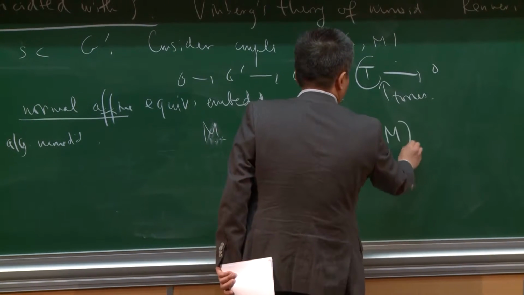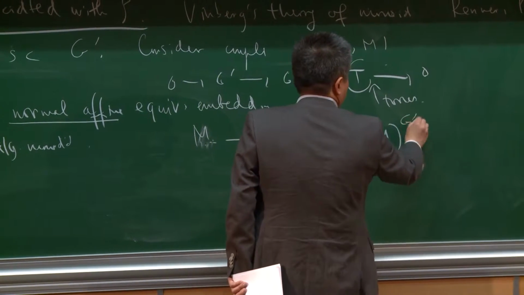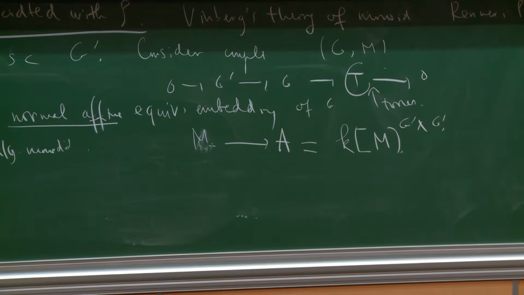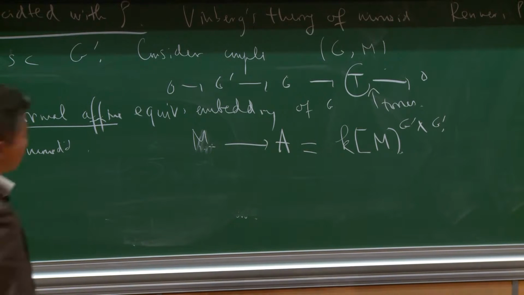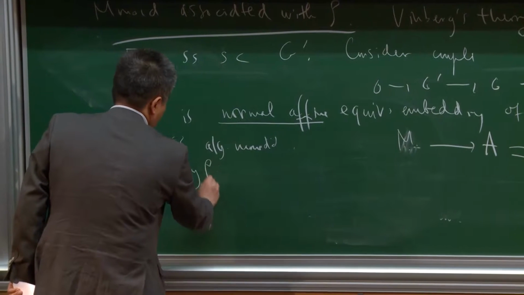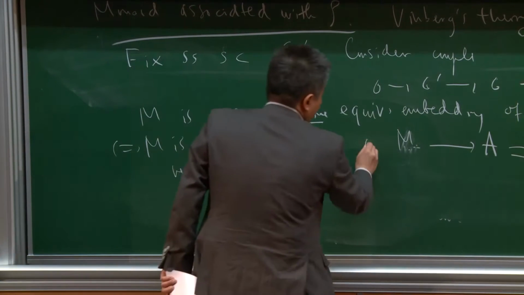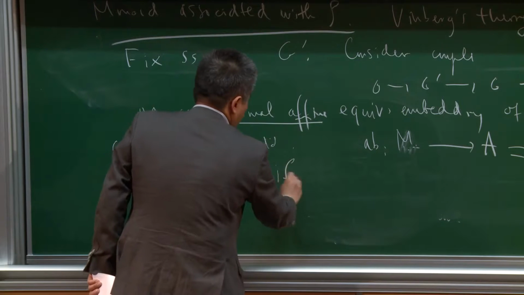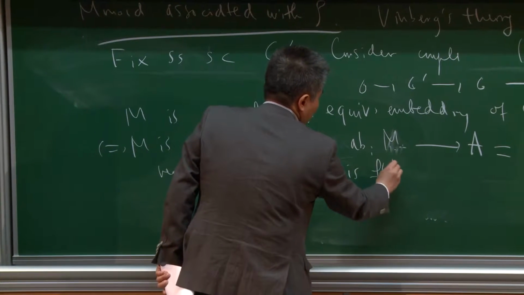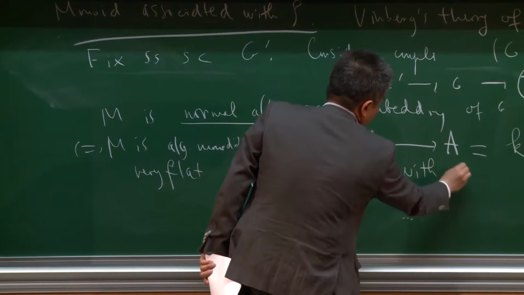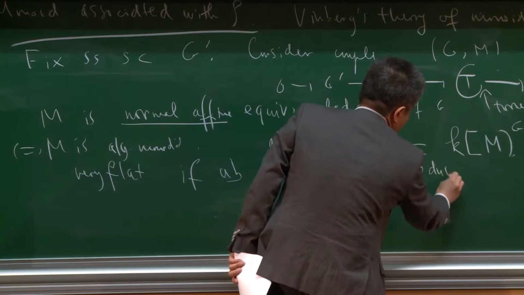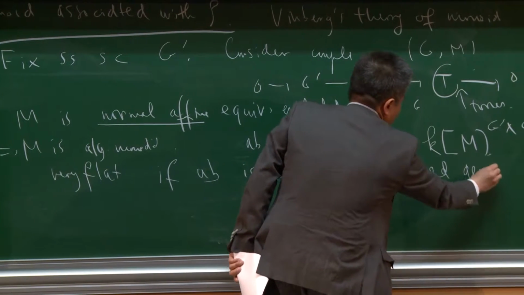So the regular functions on M, which are invariant on the left and on the right by the semi-simple group, where this map, and the monoid is going to be very flat. If this abelianization is flat, with geometric, with reduced geometric fiber.